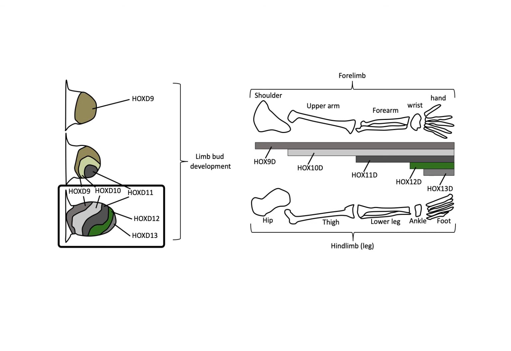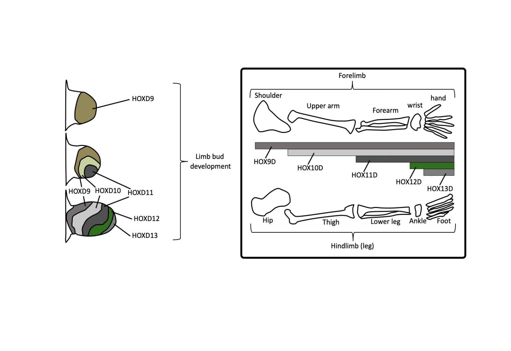And this shows that Hox 9 is actually turning on in every case, and this is Hox 9D. And then Hox 10 is turning on in this region, and then sequentially Hox 11, 12, and 13. So if you have all of these turning on, then you get these fingers and toes, and if you have only some of them turning on, you get a forearm, upper arm, or shoulder, or hip, depending on the limb that you're discussing.